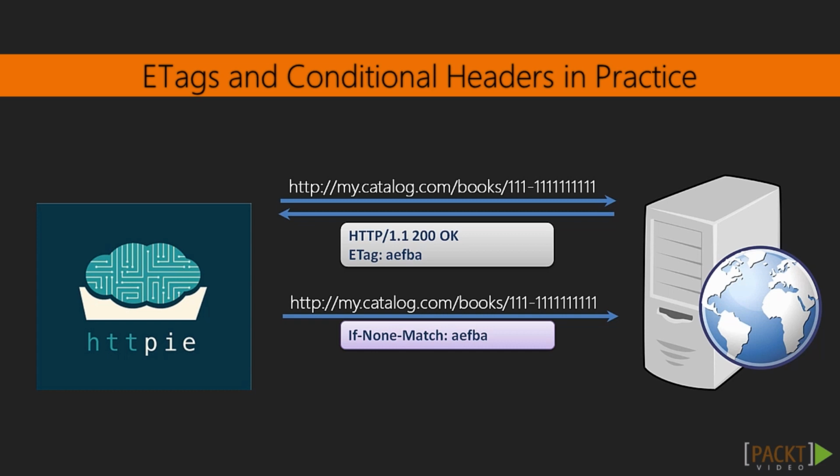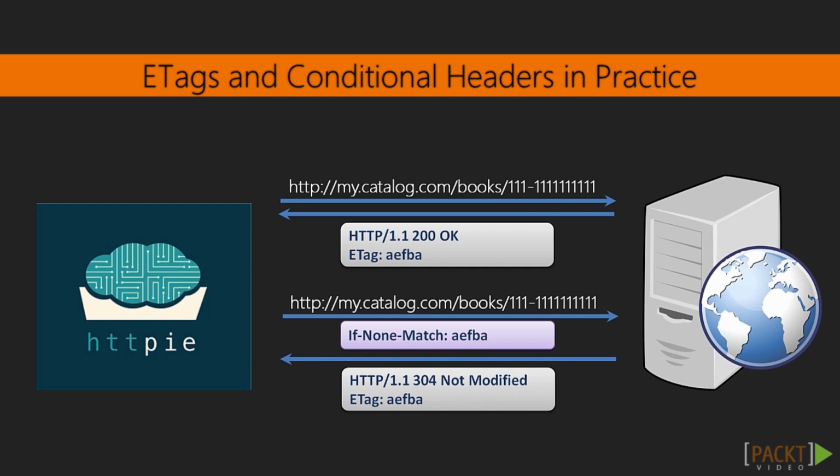The server checks if the book's representation has been changed by generating the new ETag and comparing it with the one from the If-None-Match header. If the values are identical, it means that the book's representation did not change and the server returns HTTP status code 304, Not Modified, without including the book payload.